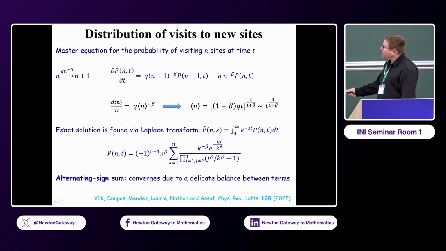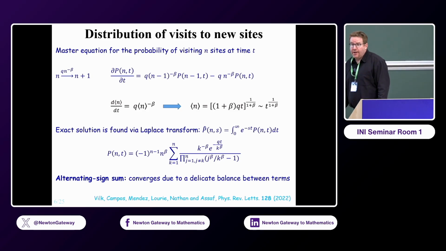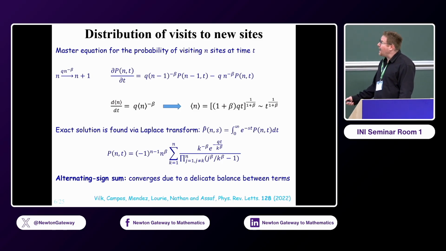So the solution via Laplace transform is this solution. It's quite cumbersome, but it's exact. The problem with this solution is that it's an alternating sign summation. The terms here change sign as k increases, and they become larger and larger.